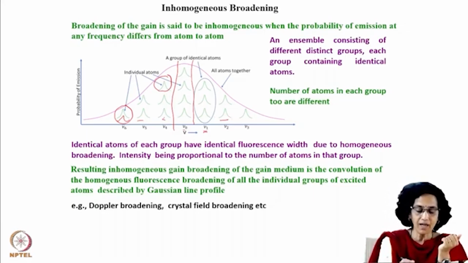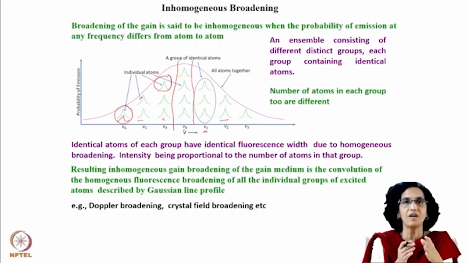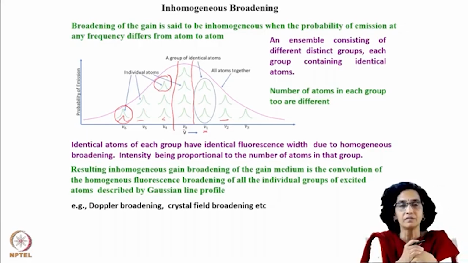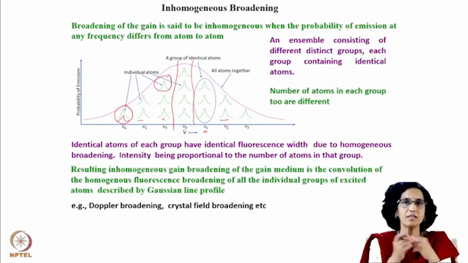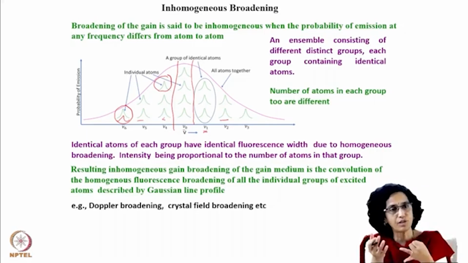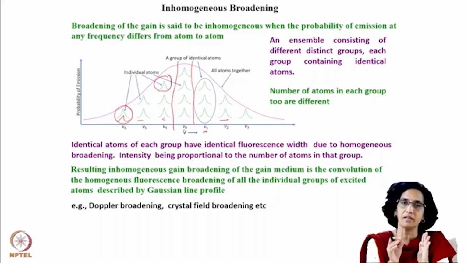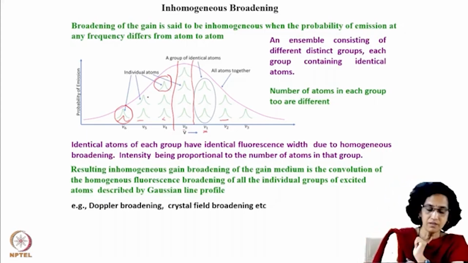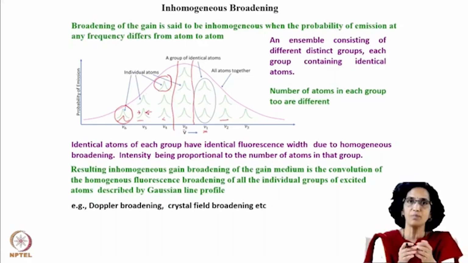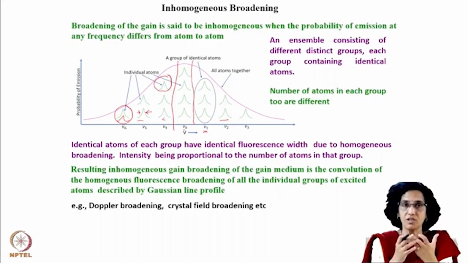So why do you have these individual groups where molecules have similar, identical fluorescence width? That is because, whenever you have an ensemble, there is natural broadening always. There is also some amount of collisional broadening depending on the pressure that you have taken. So they will always be associated with some homogeneous line width. This is the homogeneous line width, which is decided by the natural broadening and by the collision, the pressure that is taken.